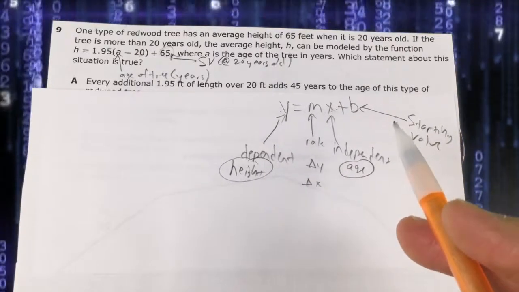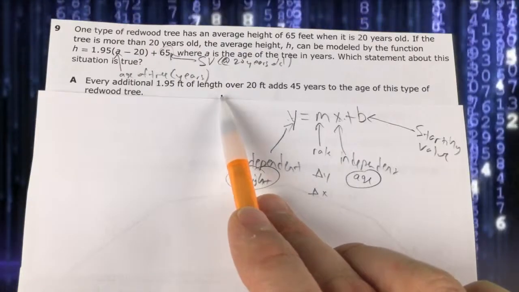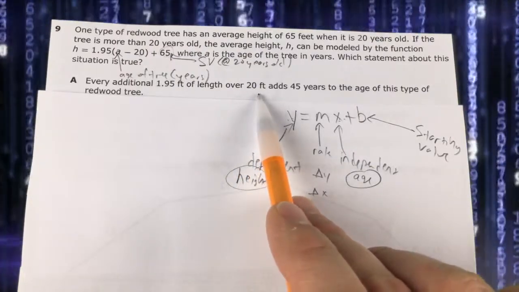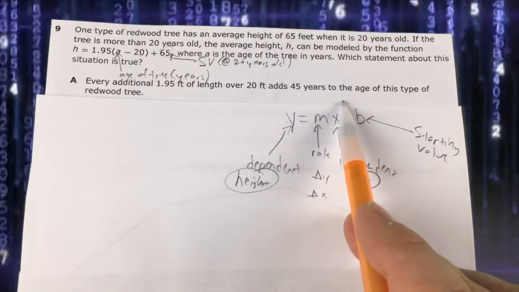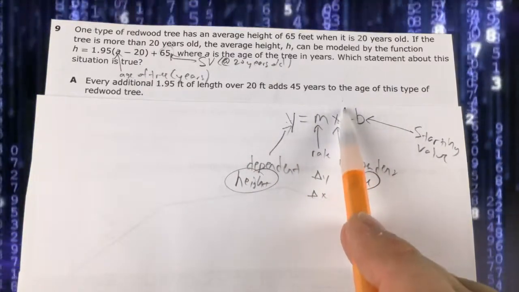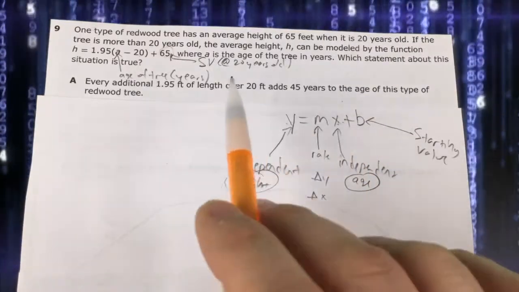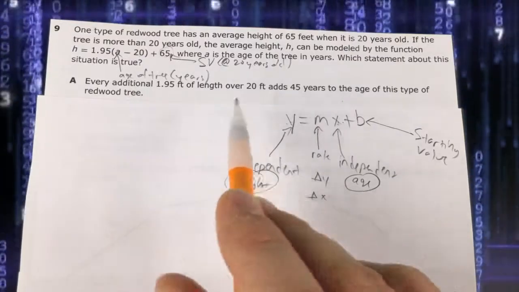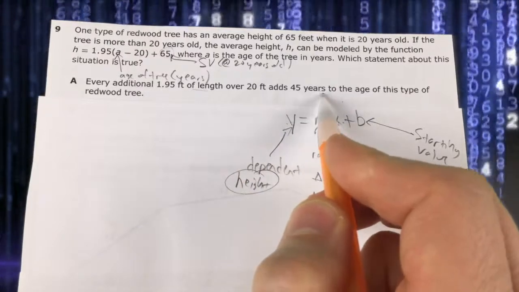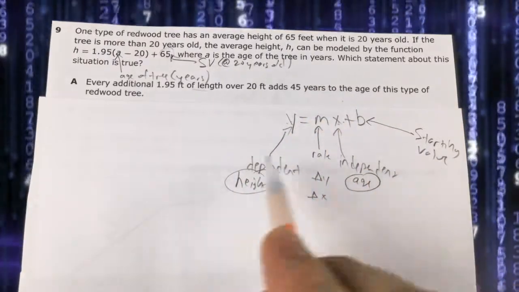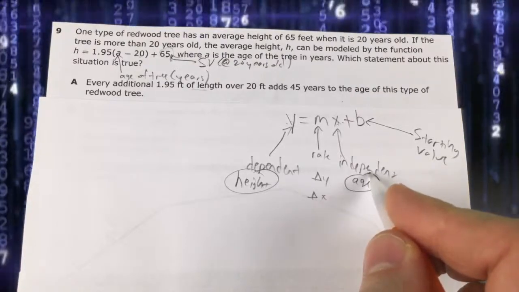Choice A says, every additional 1.5 feet of length over 20 feet adds 45 years to the age of this type of redwood tree. I'm not sure where that's coming from. The big red flag for me is that it says length is adding years, but the years are the independent variable.